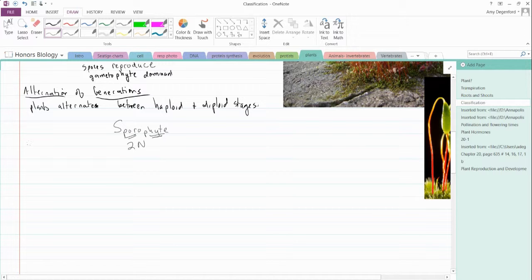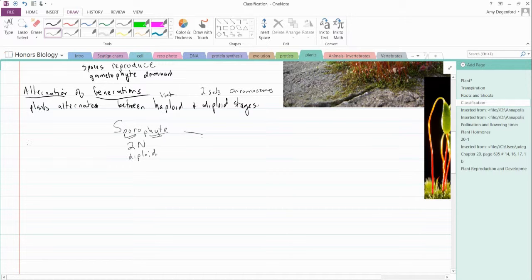If you need to take a pause and review, diploid means that there are two sets of chromosomes, and haploid would be one set of chromosomes. If you recall, we are diploid, 46 chromosomes, 23 pairs, 23 one set from mom, 23 another set from dad. And so the sporophyte is also diploid, and we call it 2N.